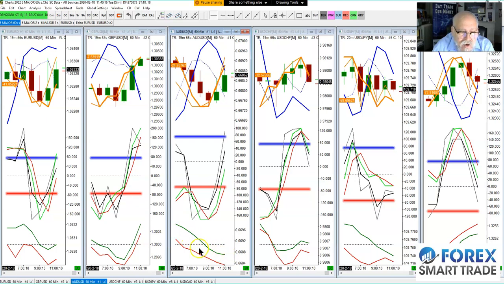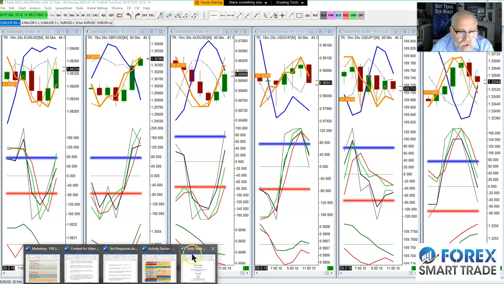So with the green line on top, that counts for 1 point. So I've got 3 points, 4 points, 1 point. I've got 8 of the 10. If I have more than 7, this is a good trade. So now I have a good trade, but I need a little bit more information to decide on how many pips this trade is worth.